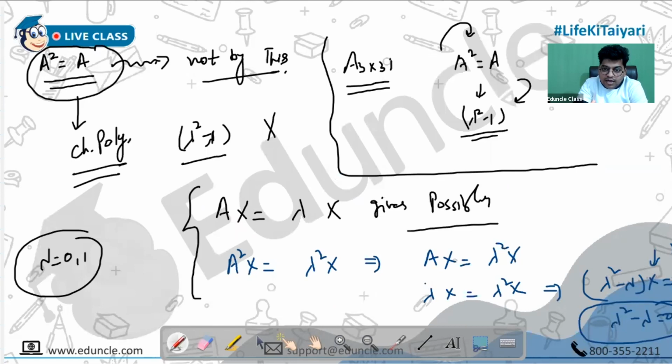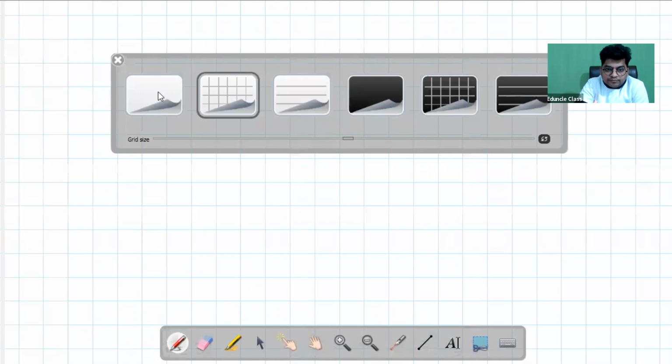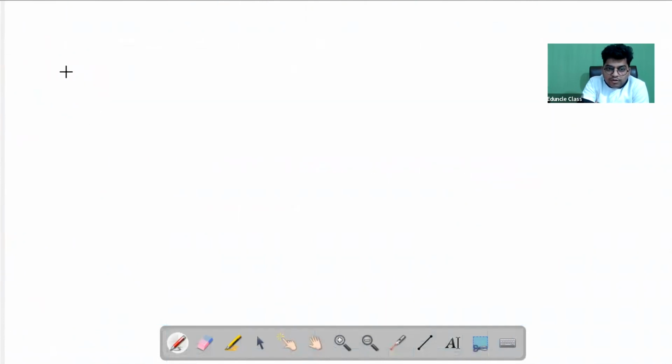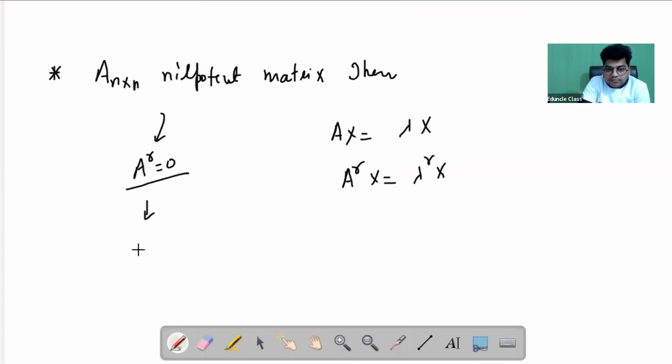Done. So I am just telling you, student, if you have a problem, A is n cross n nilpotent matrix. Then Ax equal to lambda x. A की power r x equal to lambda की power r x. Nilpotent matrix of index, दे रखा है उसने, index equal to r.